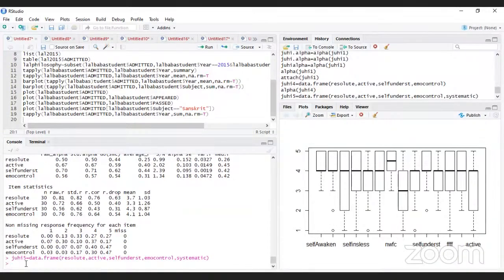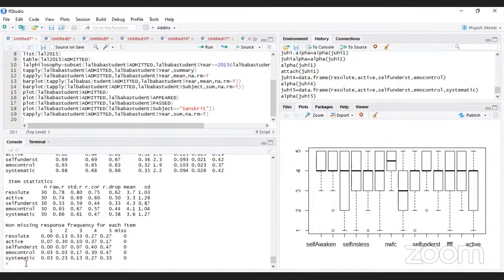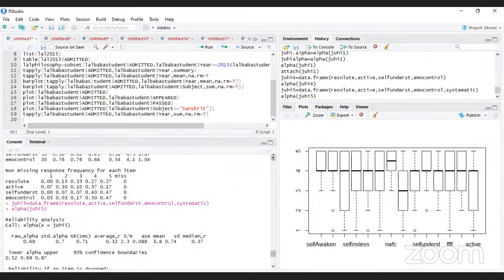Now I want to check what is the alpha. Earlier one 0.68. So now I find that the Cronbach's alpha becomes 0.7.